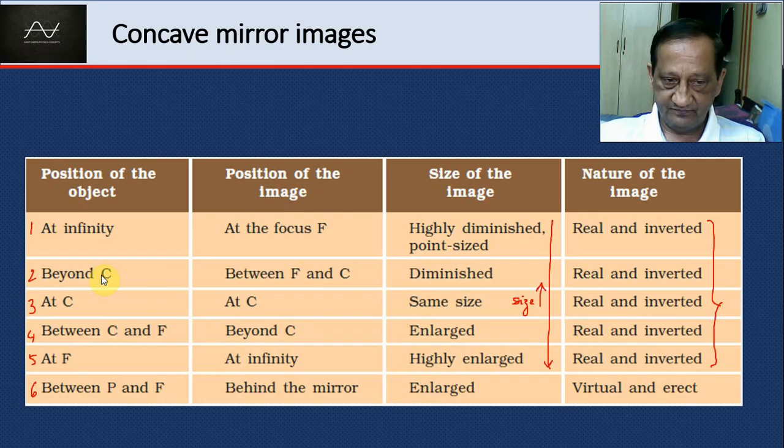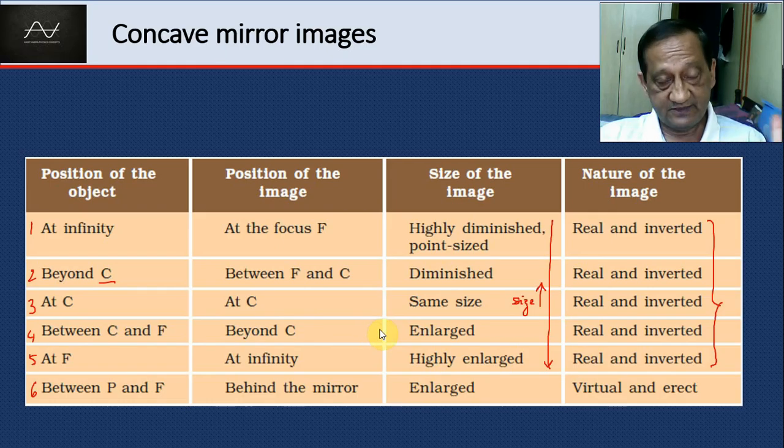And these are the details. If the object is beyond C, then the image is between F and C. If the object is at C, then the image is at C. If the object is between C and F, the image is beyond C. And if the object is at F, then the image is at infinity. I don't expect you to mug all these things up. I definitely want you to see the trend, to remember the trend.